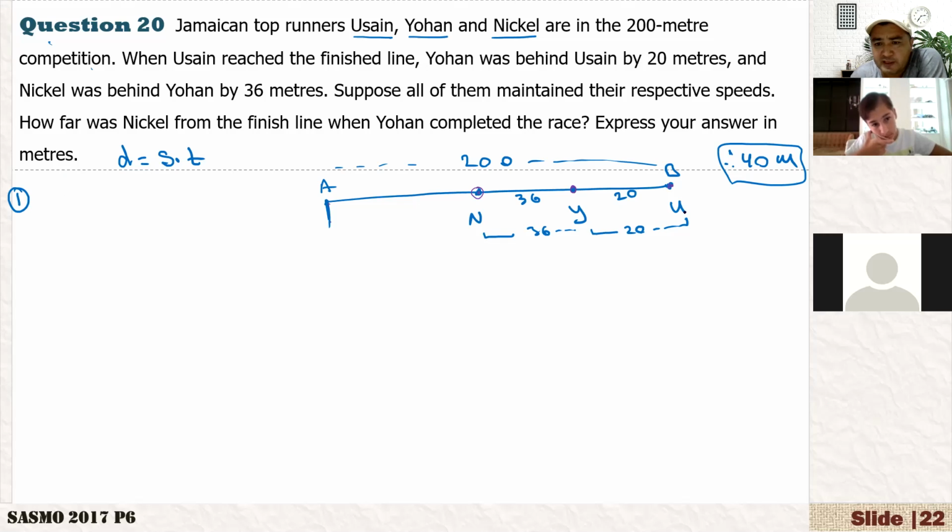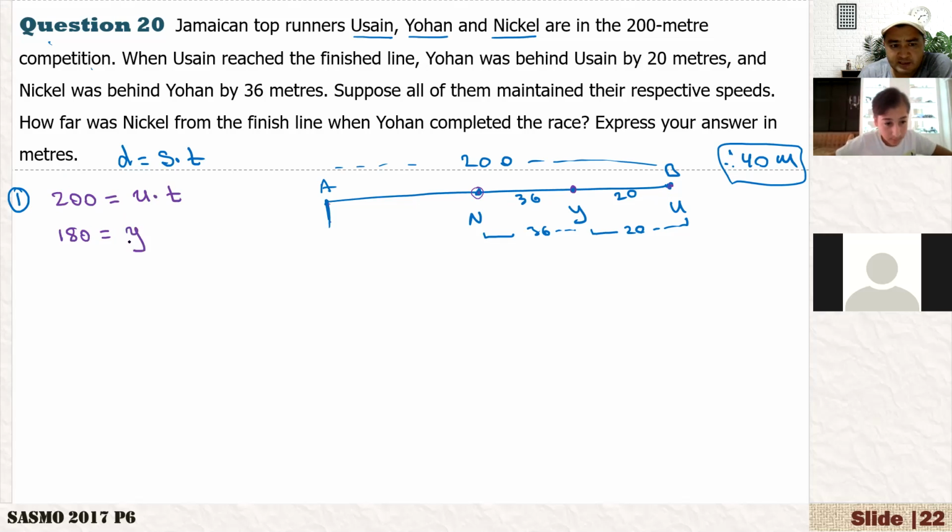So the first one, Hussein covered a distance of 200 meters, right? Because he's already at the finish line. So the distance is equal to Hussein's speed times the time. And how about Y? Y is actually 20 meters behind the finish line. So that is 200 minus 20, that's equal to 180.